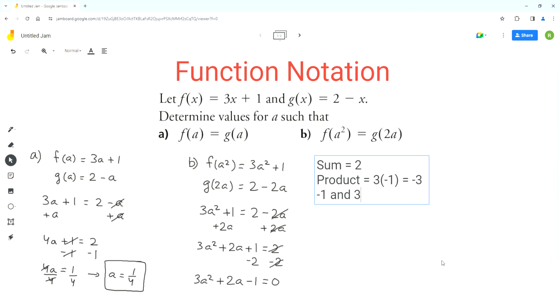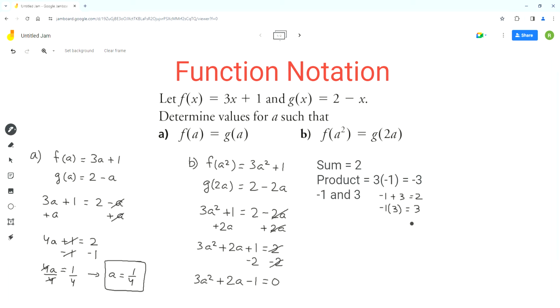So we focus on the product number first. We find two numbers that multiply to -3. Now -1 and 3 add to 2. If I do -1 plus 3, I get a sum of 2. And if I multiply -1 and 3, I get -3.